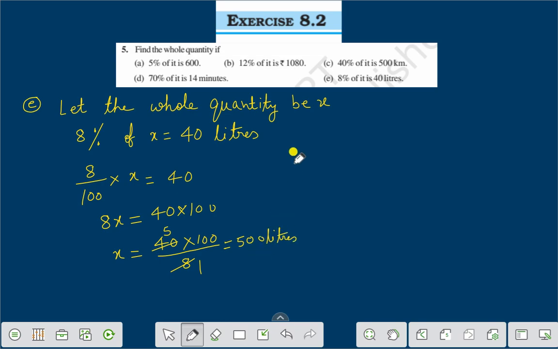Right? Therefore, the whole quantity is 500 liters.